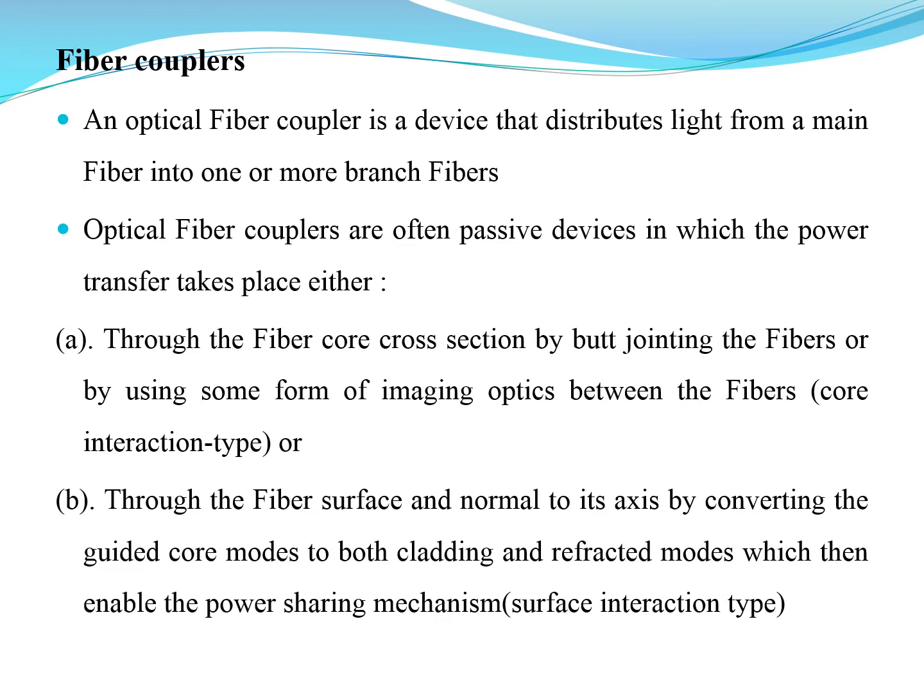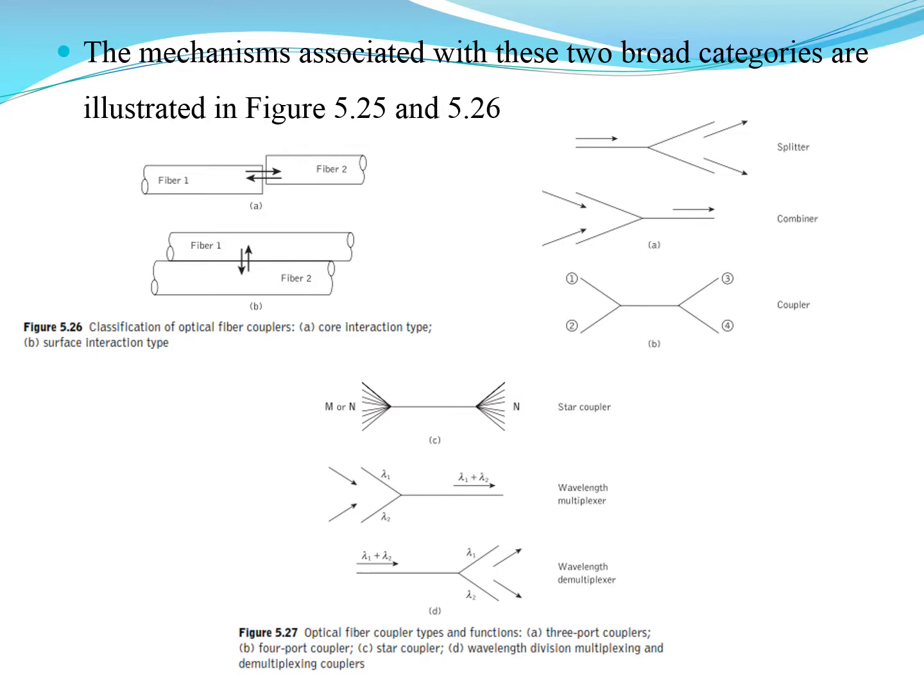So we have two different types of power transfer which can take place using these fiber couplers. The mechanisms associated with these fibers are divided into two categories: one is the core interaction type, and the other is the surface interaction type.